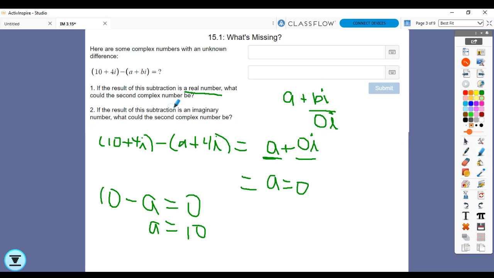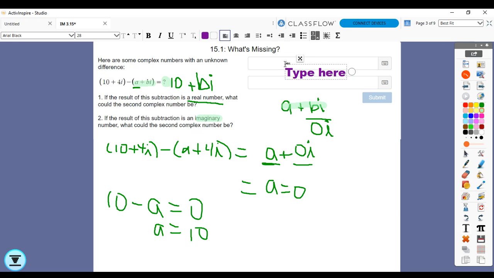So they're just wanting to know, what would this number be to get an imaginary number on this side? So the real part, the a, has to be 10, plus bi, because the b can be anything. You always want to have both the a and the b represented. It's just that we need the 10 to be here to make the answer imaginary.